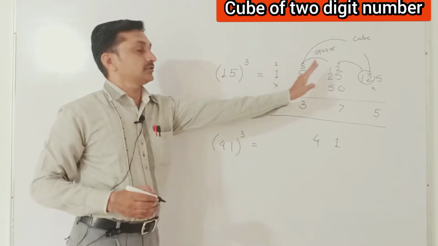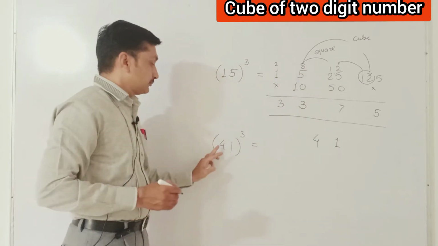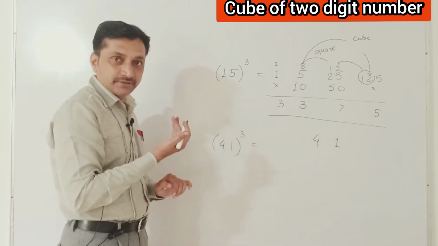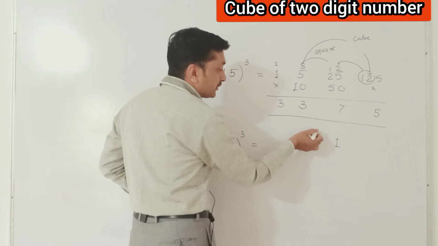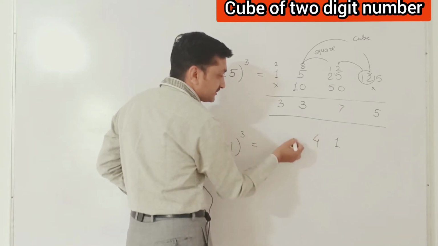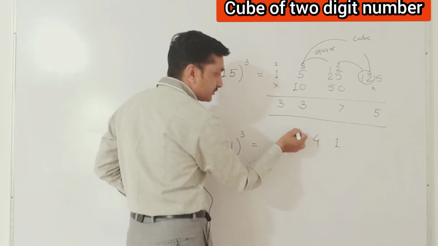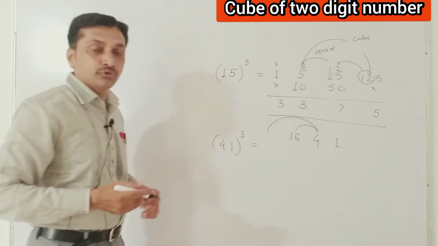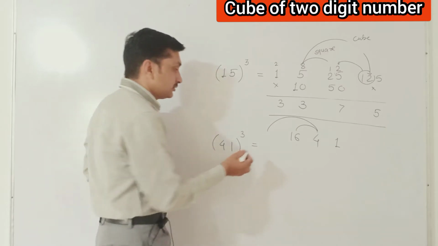Now the square of this, 16, and here the cube of 4: 4 4s are 16, 16 4s are 64.